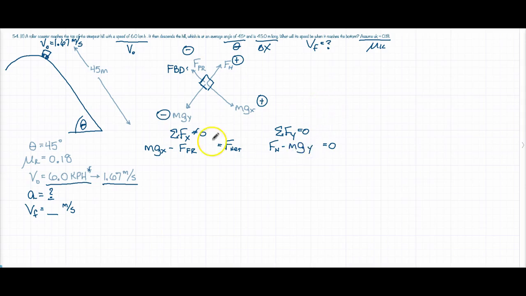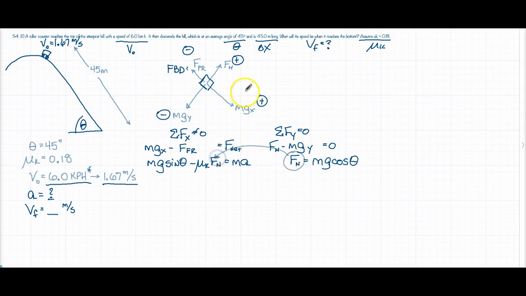I'm going to break each one of these terms into its constituent parts. mgx becomes mg sine theta. The frictional force becomes mu kinetic times the normal force, and F net becomes mass times acceleration. On the other hand, the normal force then becomes mg cosine theta, which then can be substituted over here in the x direction.